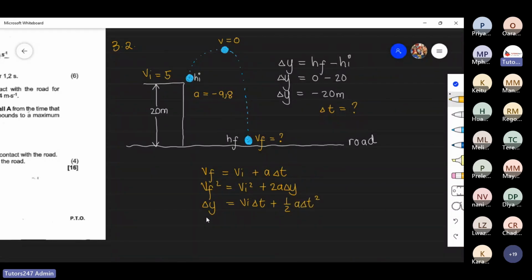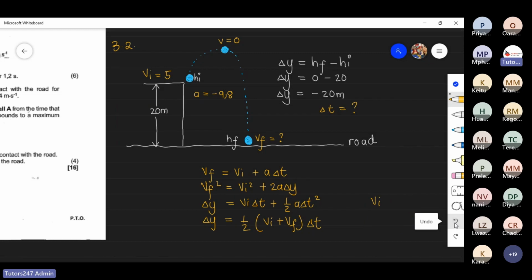And finally, we have delta Y equals 1 over 2 into VI plus VF times delta T. Some people might write the last formula as VI plus VF all over 2, then times delta T. That is the exact same thing. It doesn't really matter. All I've done is factor out my denominator.